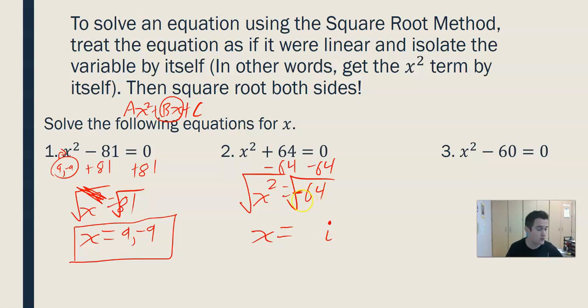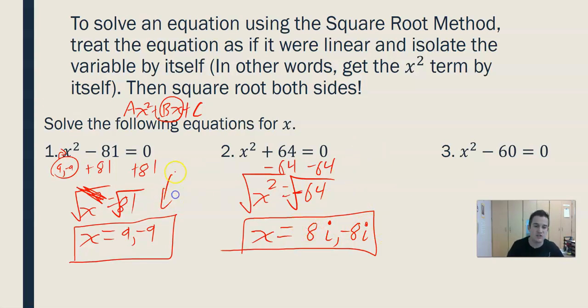Other than that, the square root of 64, you can just type right there in your calculator. The square root of 64 is 8. So my answers are either 8i or negative 8i. Notice here I had two real solutions. Here I have two imaginary or complex solutions.